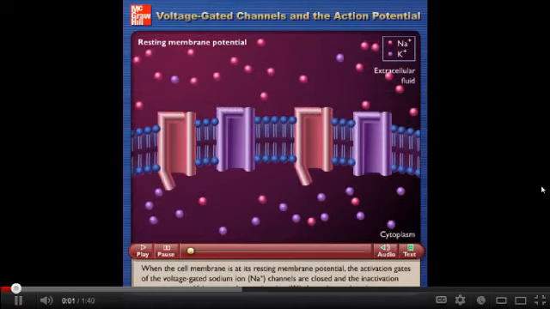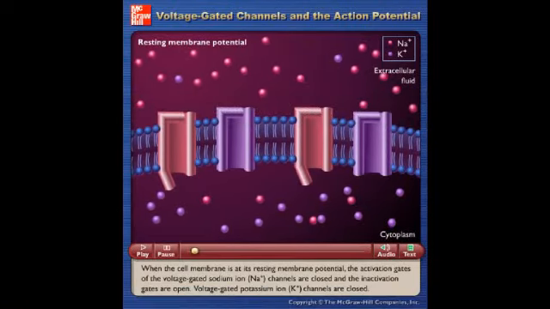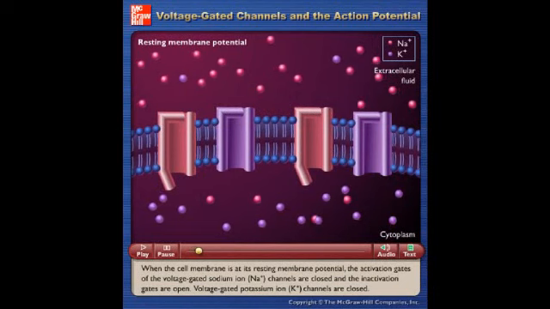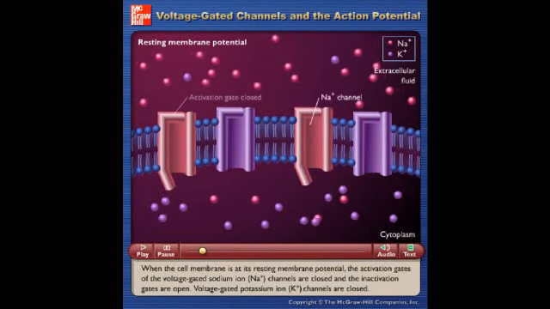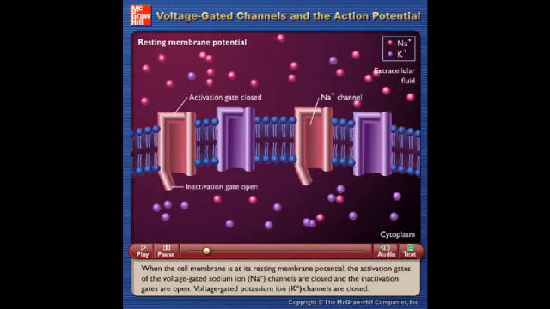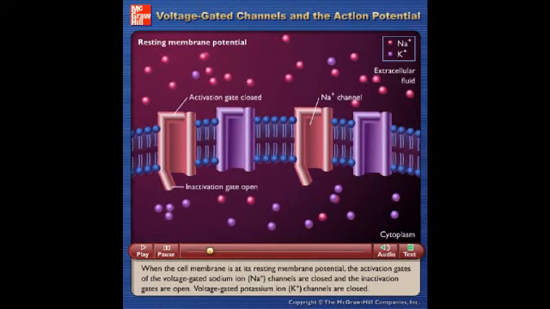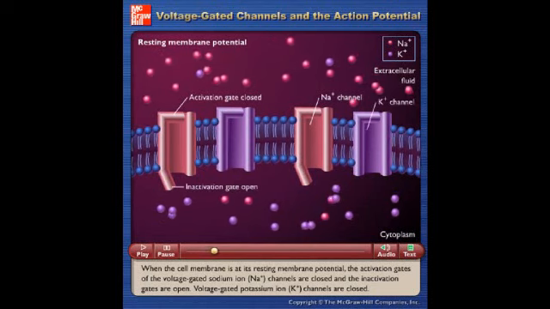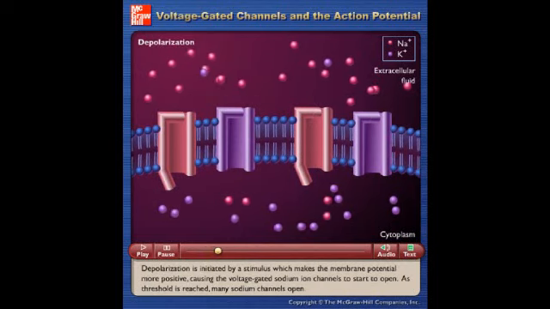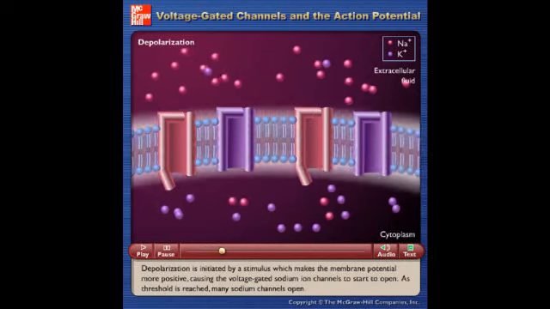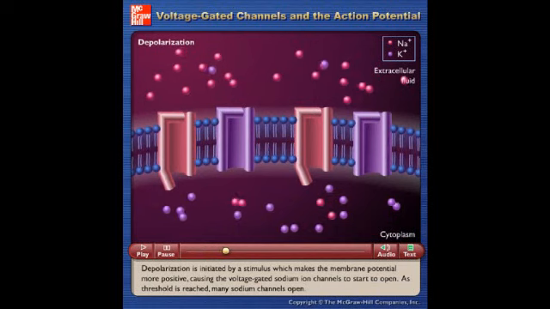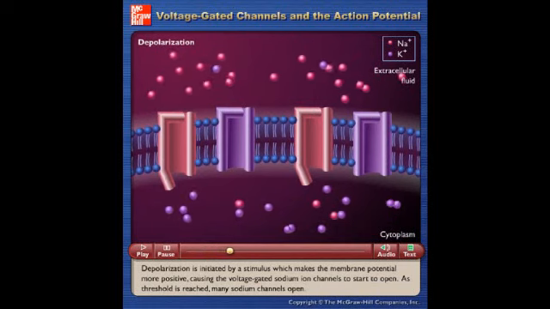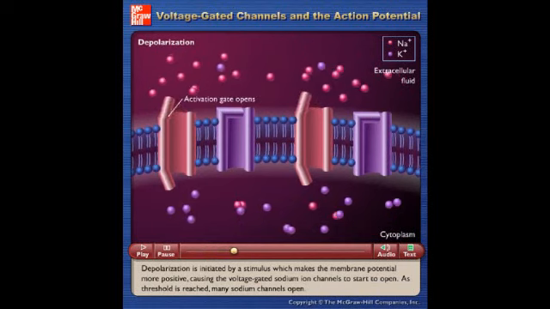When the cell membrane is at its resting membrane potential, the activation gates of the voltage-gated sodium ion channels are closed and the inactivation gates are open. Voltage-gated potassium ion channels are closed. Depolarization is initiated by a stimulus which makes the membrane potential more positive, causing the voltage-gated sodium ion channels to start to open.